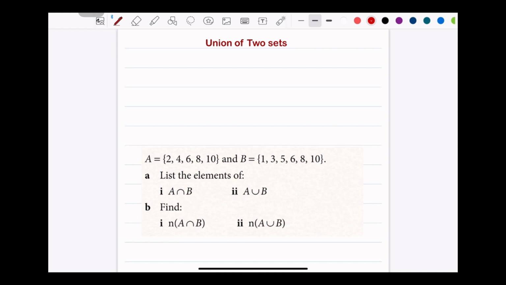So for example, let's say set A is a room which comprises a fridge, a bed, and a fan. And set B is another room which comprises a fan, another fan, a dressing table, and a door.